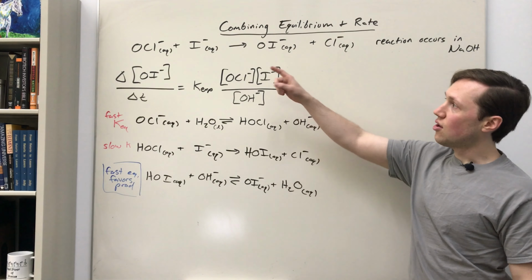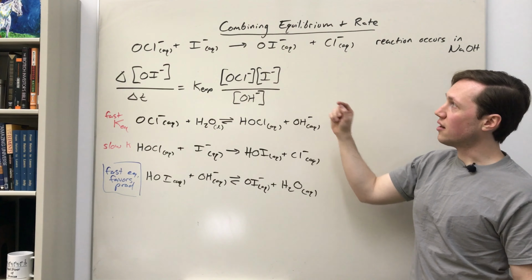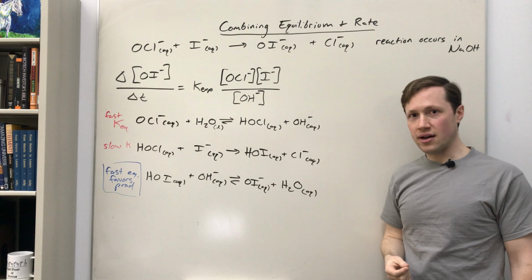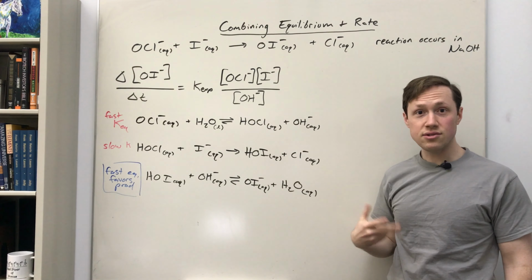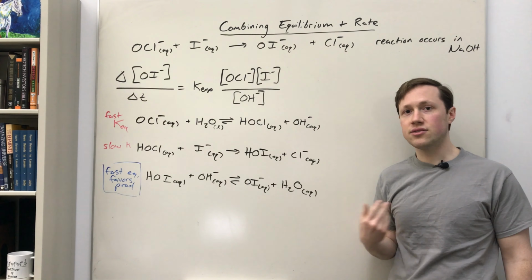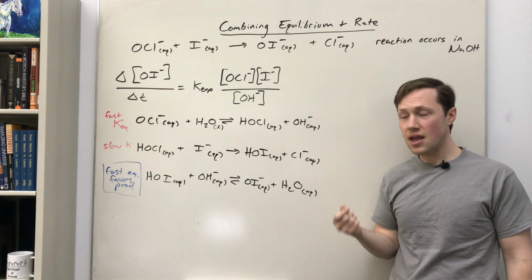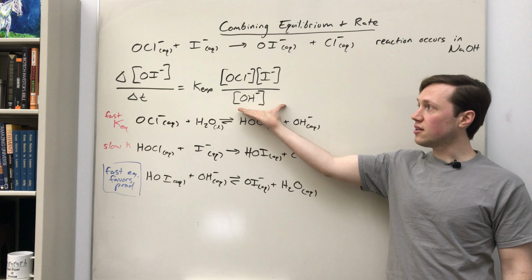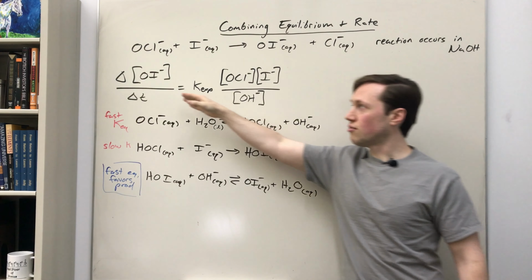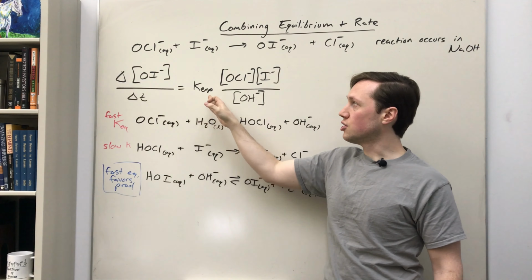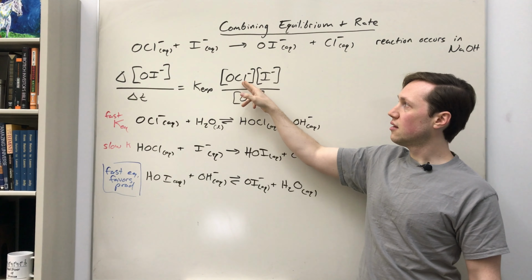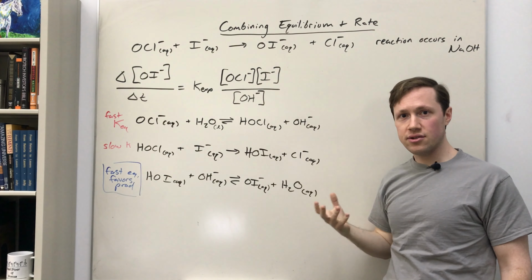In this case, OCl- and I- are reacting to form OI- and Cl-. In a sense, this looks a little bit like the last reaction we saw. Two reactants going to form two products. However, the experimentally observed rate law here shows us that the rate of product formation is proportional to the concentration of each of the reactants to first order.